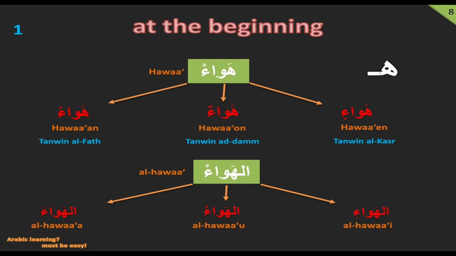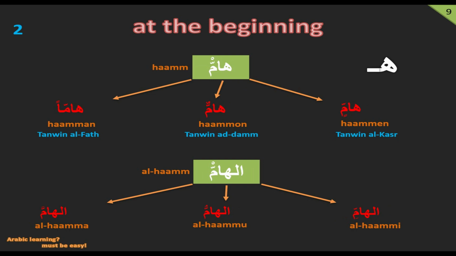Now هواء with التعريف would be الهواء. So we don't use تنوين anymore, but we continue with تشكيلات, so that الهواء with فتحة at the end would be الهواءَ, with ضمة at the end الهواءُ, or with كسرة الهواءِ. Now we take the second example, the attribute هام. So with تنوين الفتح would be هاماً.